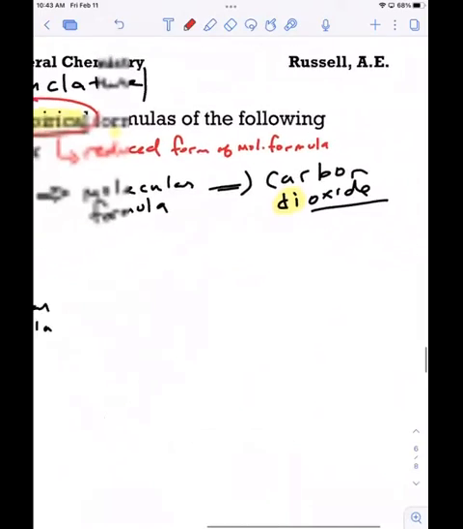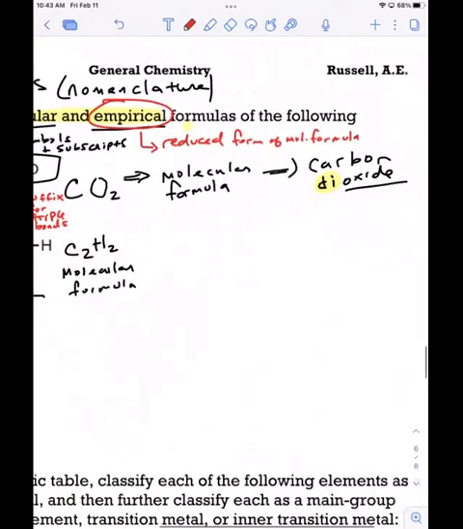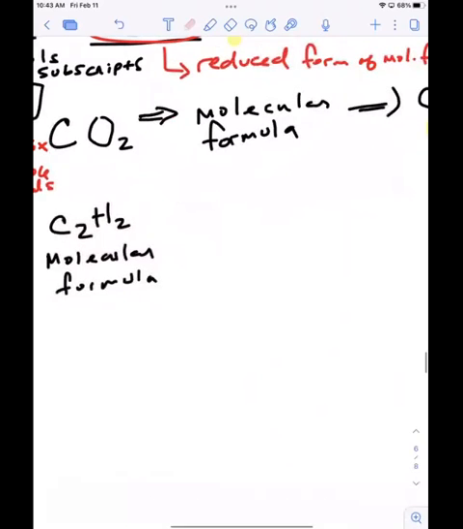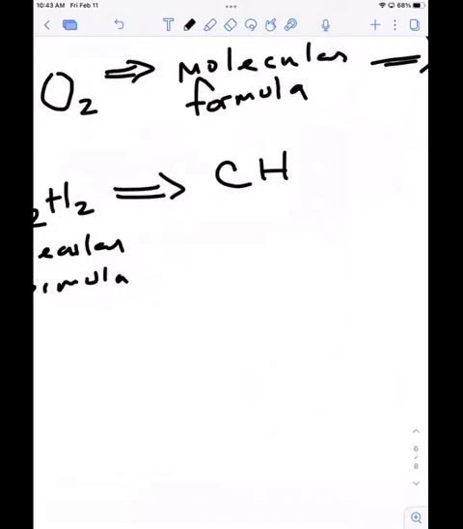You would take those subscripts, if possible, and divide them down to the lowest common denominator. So here, C2H2, we could also write like this, CH, and this would be the C1H1, and this is the empirical formula.